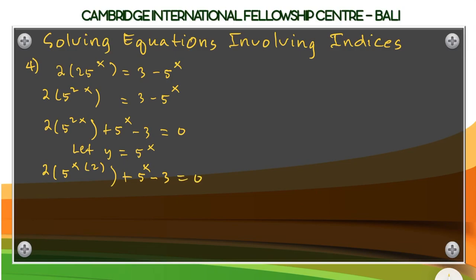This is equal to 0. So this one is 2. The 5 raised to x here is our y. Then squared plus y minus 3 is equal to 0.